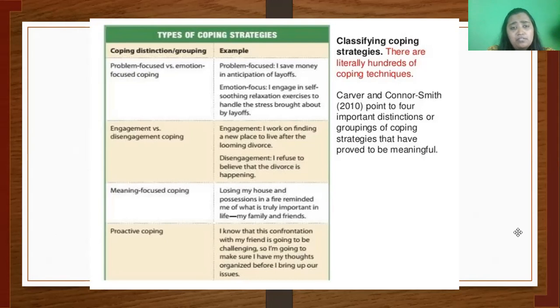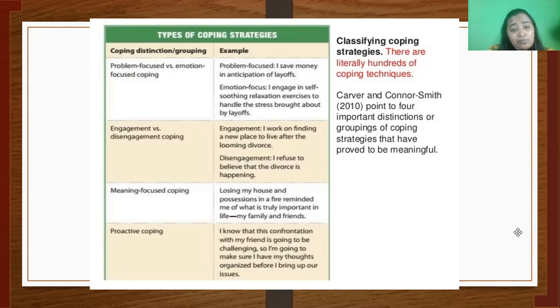In problem-focused coping, you are looking at the problem and trying to solve those issues ahead of time, even before the problem occurs. Like, I save money in anticipation of layoffs. That's an example of problem-focused coping. Next is emotion-focused: I engage in self-soothing relaxation exercises to handle the stress brought about by layoffs.